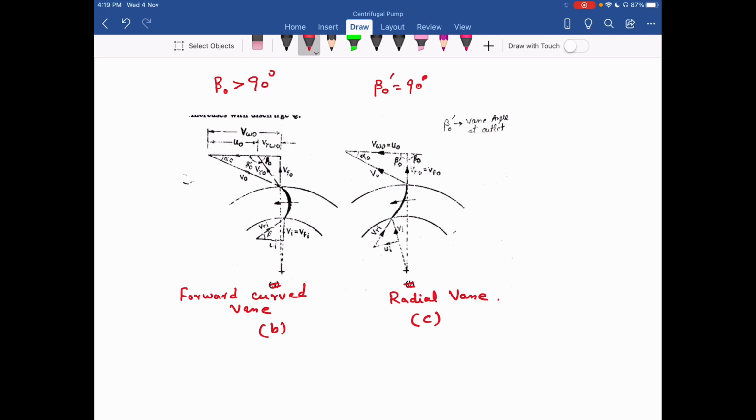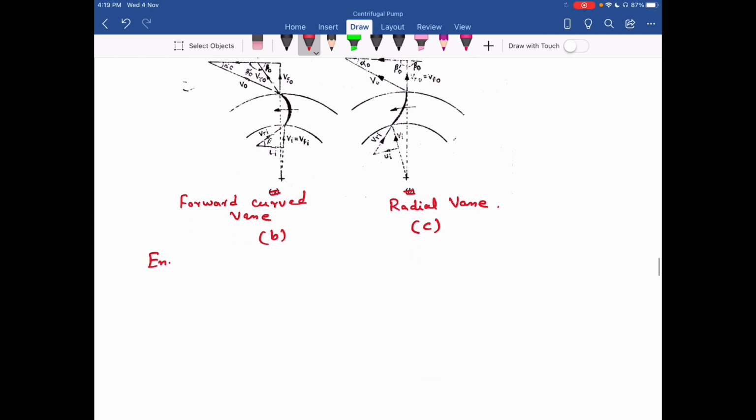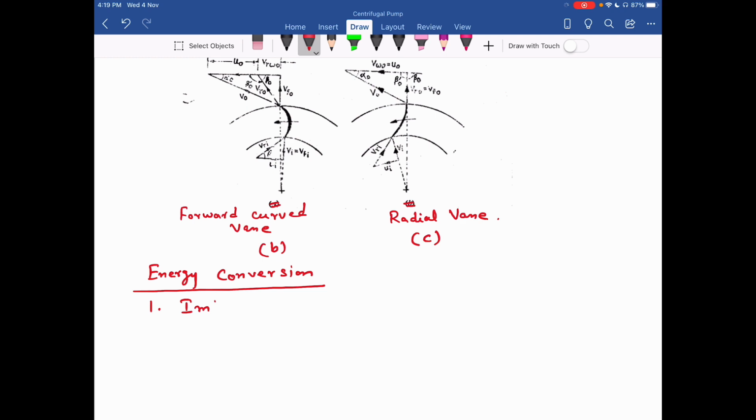Okay. Now next is the equation for energy conversion. Now this equation contains some assumptions. So my first assumption is that the impeller consists of an infinite number of vanes.